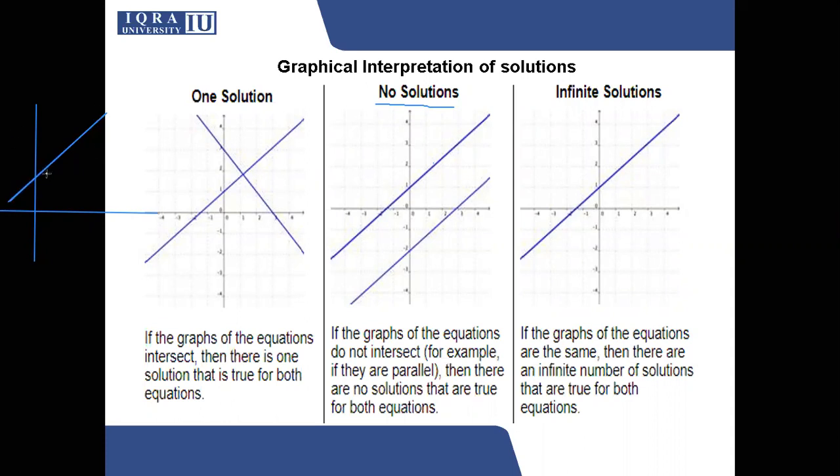So this is a case where my lines are touching each other at every point. You can see that it is touching here at every point, right? So this is a case of infinite solutions, or a case of coincident lines. So this is what it is.